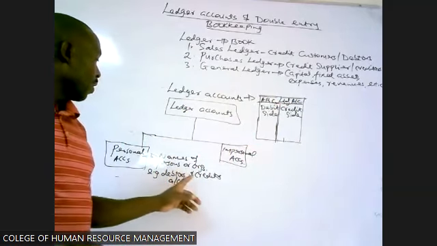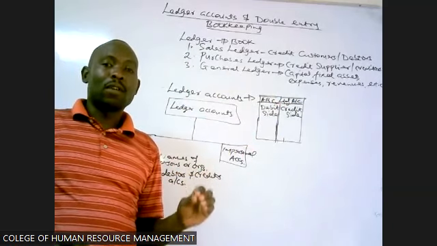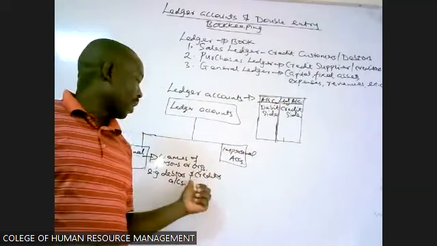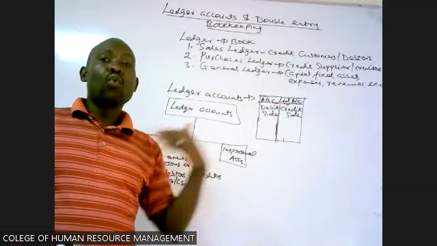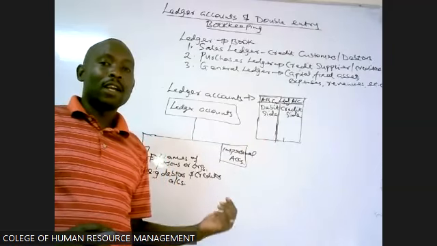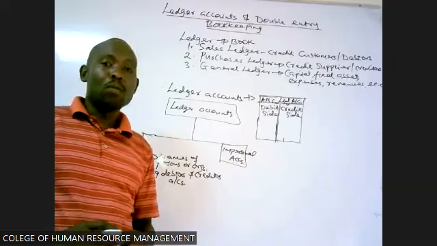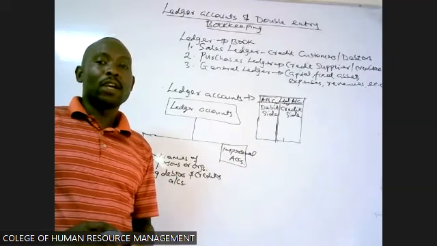And these two, the debtors and the creditors, are the ones that contain the name of the person. For the debtors, it is the person to whom we sold the goods on credit. If it is a creditor, it is a person or business organization from whom we acquired goods on credit.